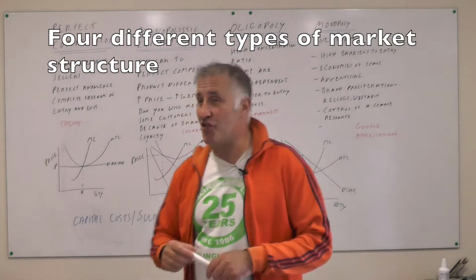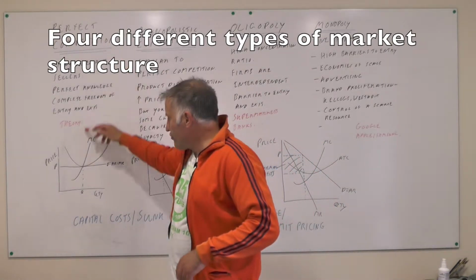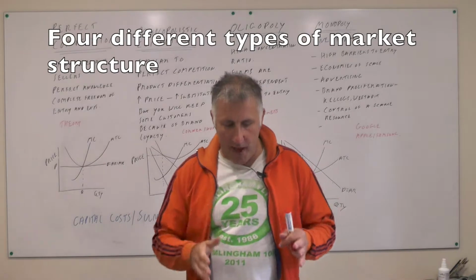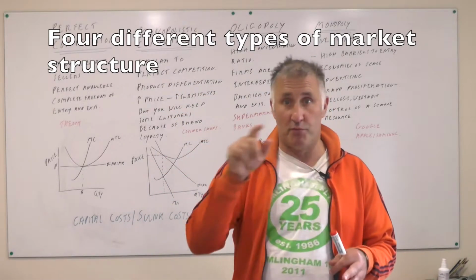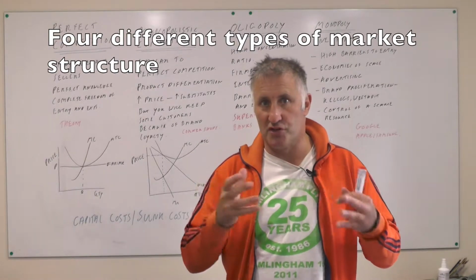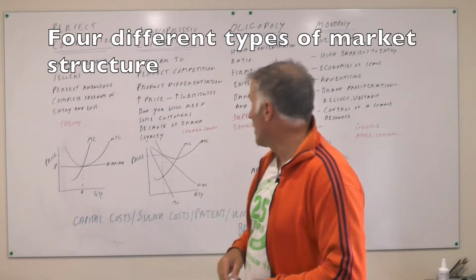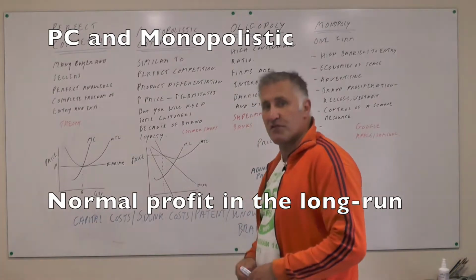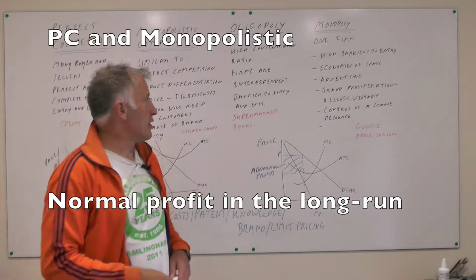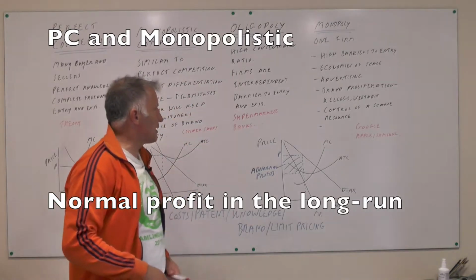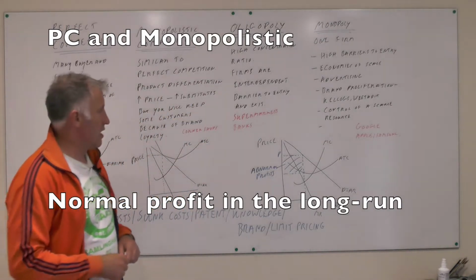Both of these, this one is sort of a bit of theory which we use to compare other industries too. So we have already compared a monopoly with perfect competition, and we've come to a discussion as to which is best. Monopolistic competition down here, it's very difficult to think of many examples of that. A lot of our industries in the UK belong to an oligopoly market, the supermarkets and the banks.